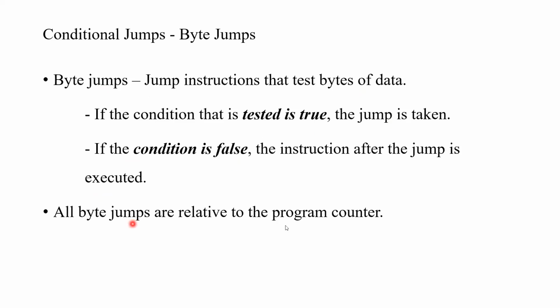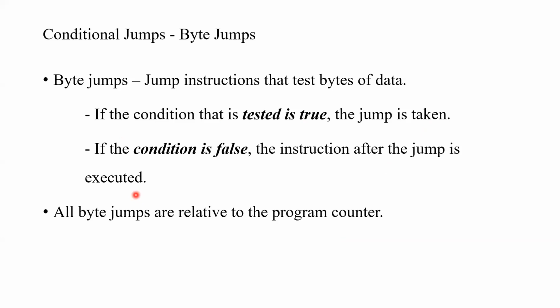All byte jumps are relative to the program counter. What do we mean by that? They have a relative range. All these byte conditional jumps have a relative range. What we see here is whether the condition is true or false.